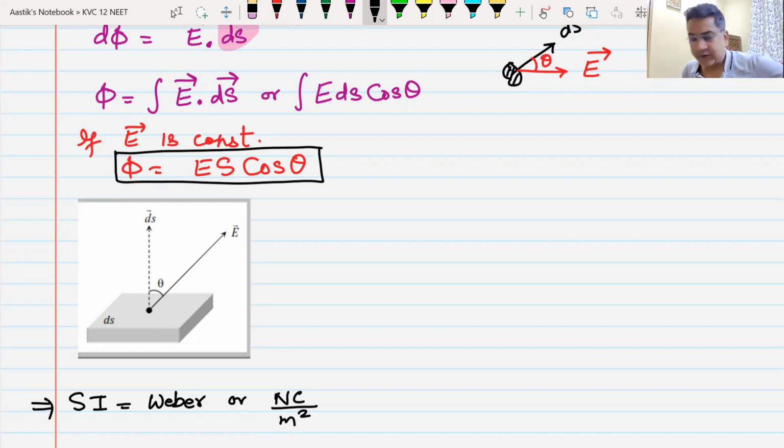Electric flux phi is the number of electric field lines which are passing normally through any given area. Right? Do we understand this? Yes, sir. It is a scalar quantity. It can be positive, it can be negative, and we will see when it will be zero.